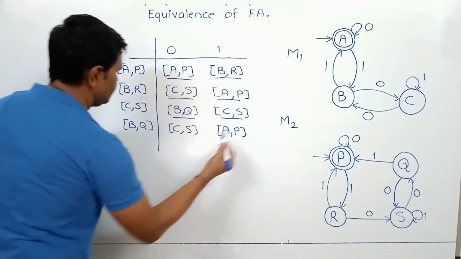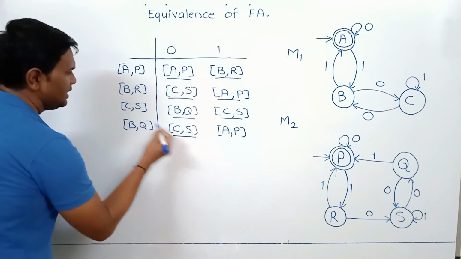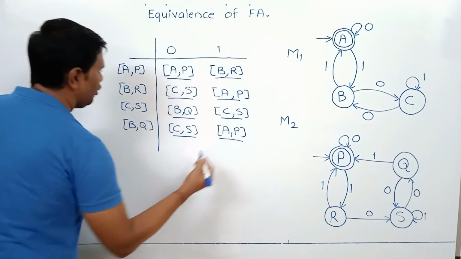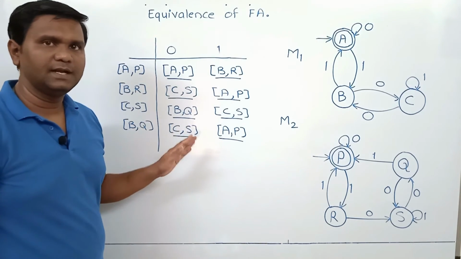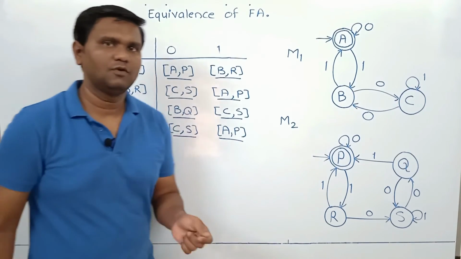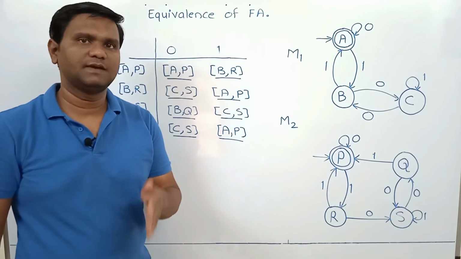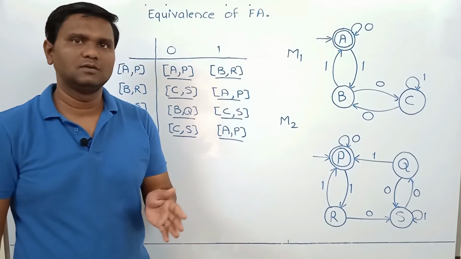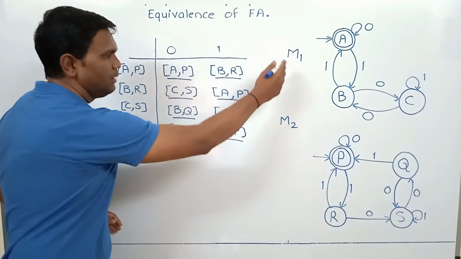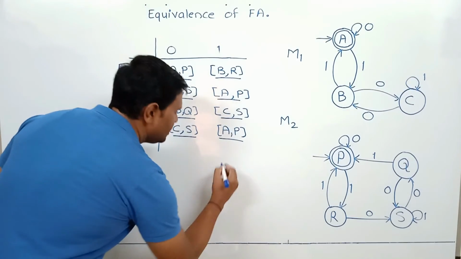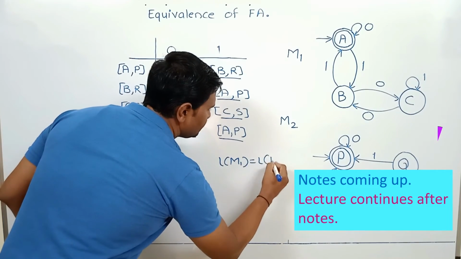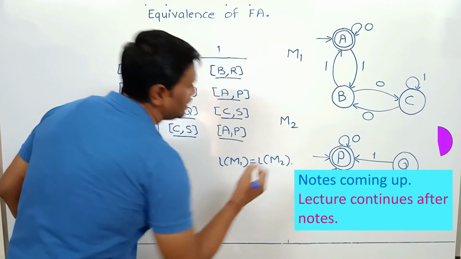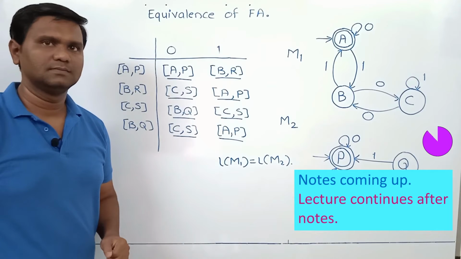Now CS already here, CS already here, A comma P already here. So we have considered every entry in the table. For each pair of states, both states are final states or both states are non-final states. So M1 and M2, they are equivalent. Language of M1 is equal to language of M2. Both DFA are equivalent.